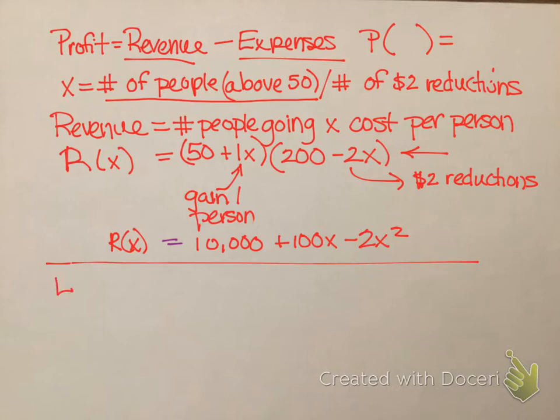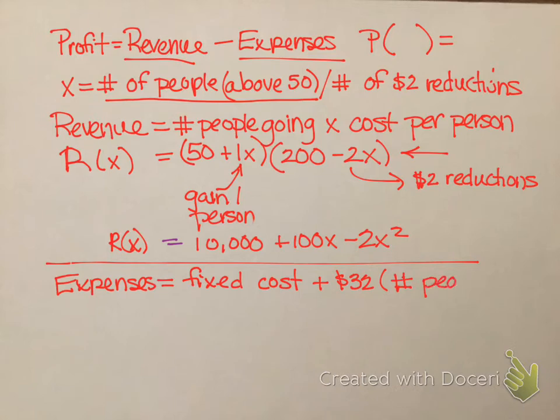All right, let's talk about expenses. Expenses are the fixed cost plus $32 times the number of people going.